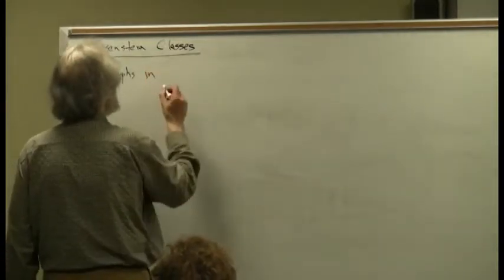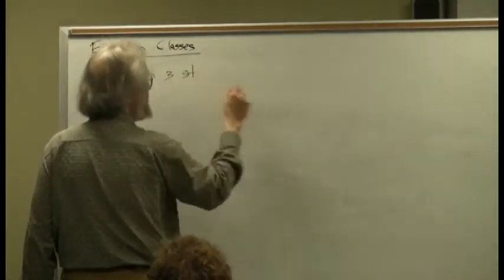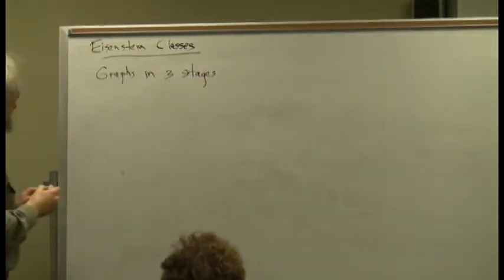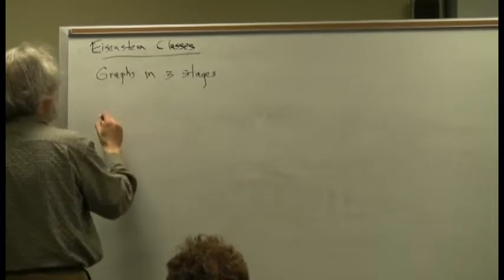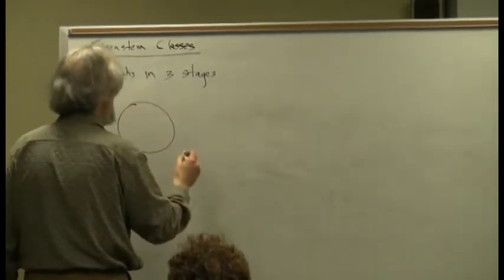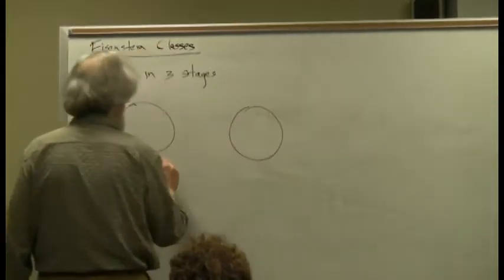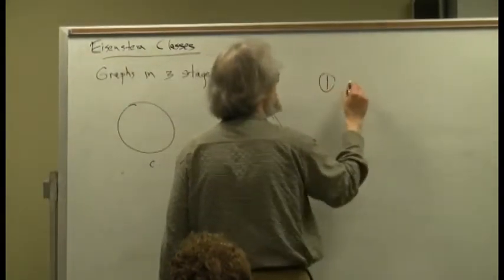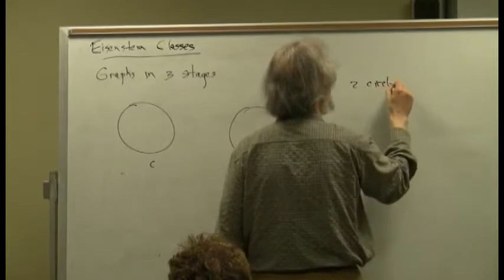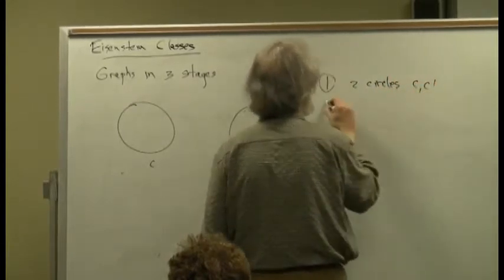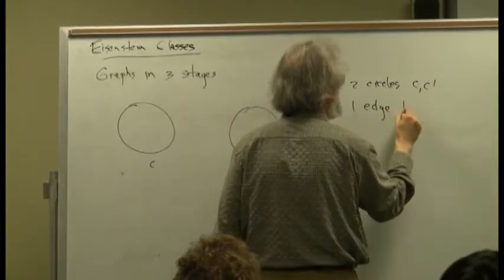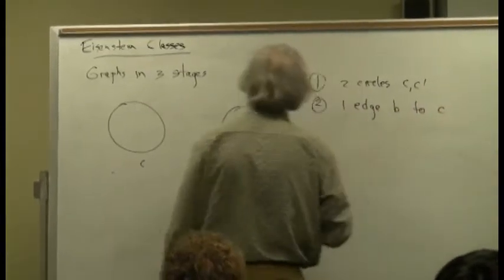So for the Eisenstein classes, there it was 2 stages. Here it's just a little worse, 3 stages. You first take 2 circles, C and C prime. Second stage, you attach one edge B to one of the circles.